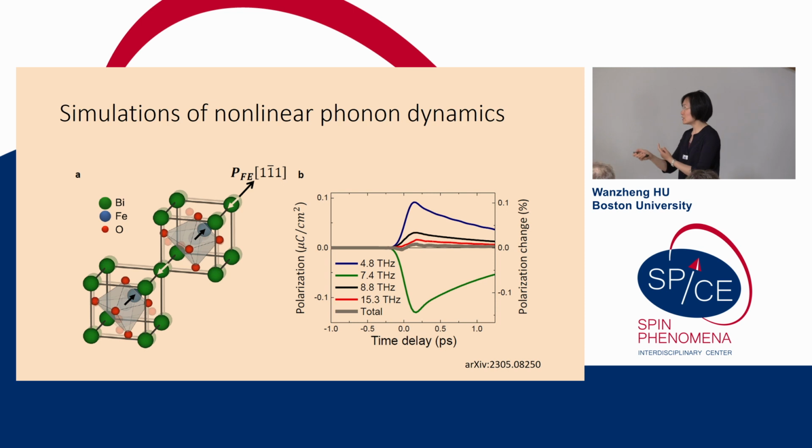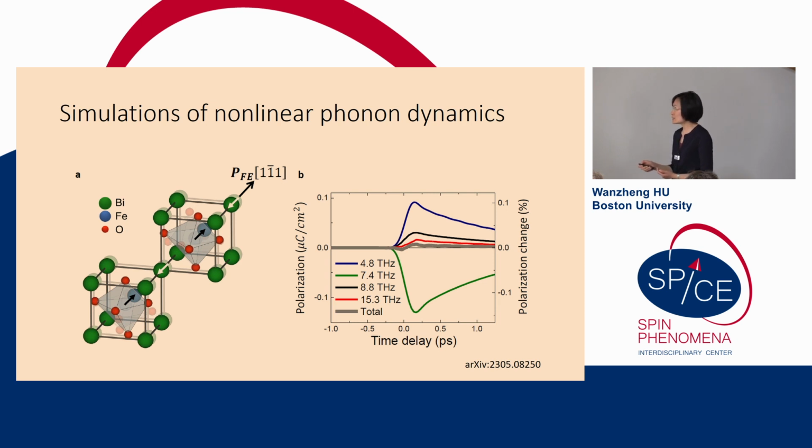Here, similar for bismuth ferrite, the ferroelectric polarization contributions from bismuth and iron are both along the 111 direction. And in the driven state, this is what you see, this darker color. All these atoms displaced from the equilibrium position, which is this shaded color.